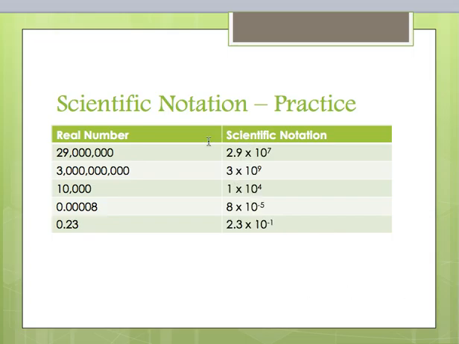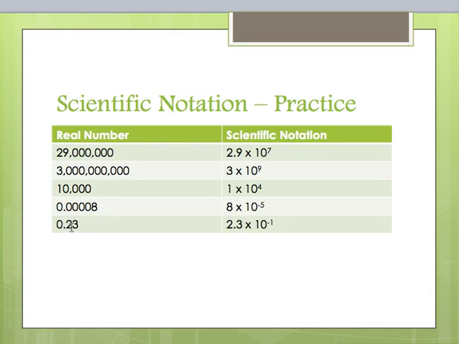Okay, 2.9 times 10 to the 7th. So remember, we're moving this decimal point 1, 2, 3, 4, 5, 6, 7 places. That's how we come up with this. The same thing here. We're moving the decimal point this time to the right, 1, 2, 3, 4, 5, and it's 8 times 10 to the negative 5.